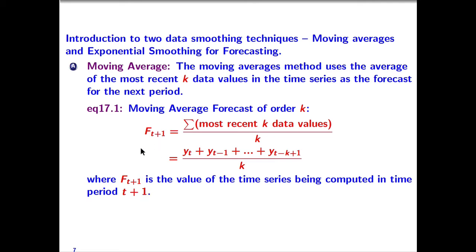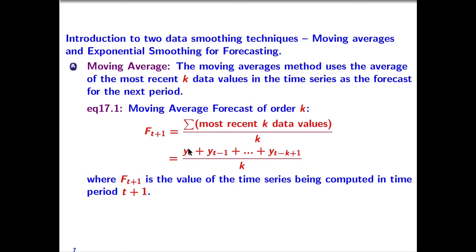So in here, we have some concepts associated with the notation we're using. This F is referring to the forecast value. t plus 1 is the future value, and this y is the notation we're using for the time series, and t is time.